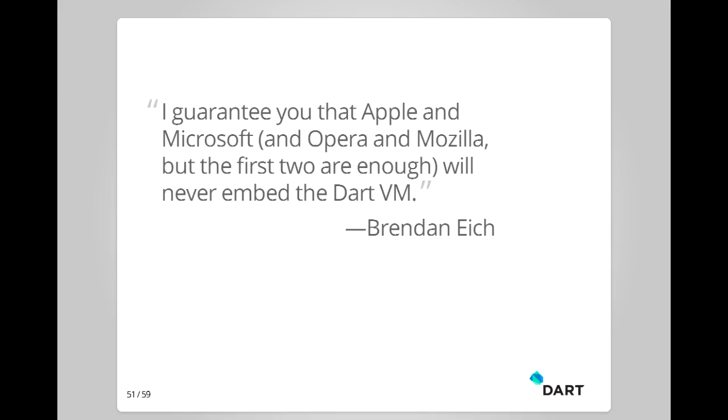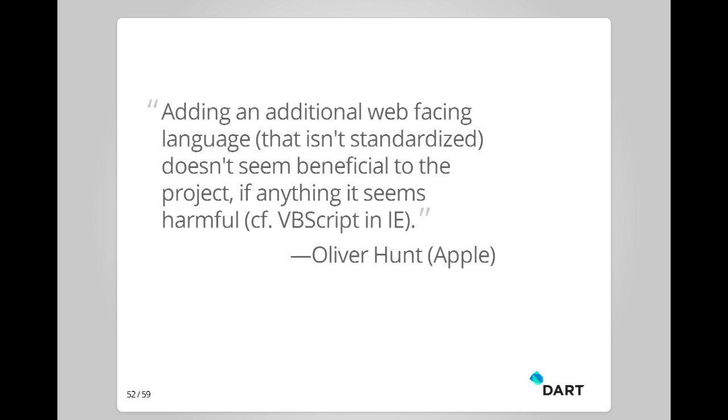I have some quotes from, for example, Brendan Eich. I guarantee you that Apple and Microsoft and Opera and Mozilla, but the first two are enough, will never embed the Dart VM. And from Apple, adding an additional web-facing language doesn't seem beneficial to the project. If anything, it seems harmful.